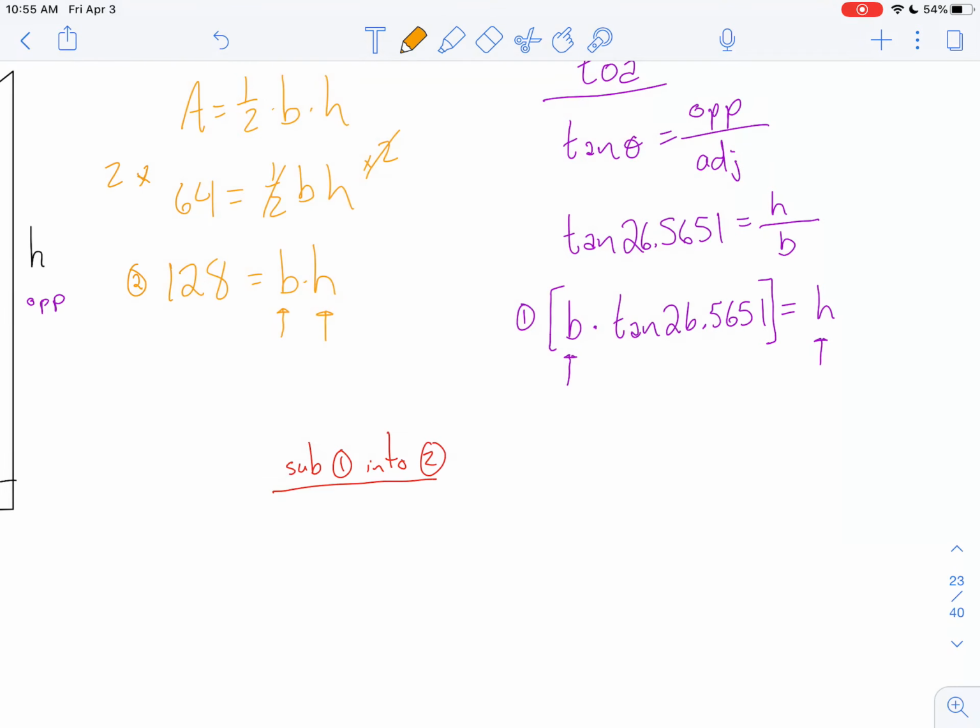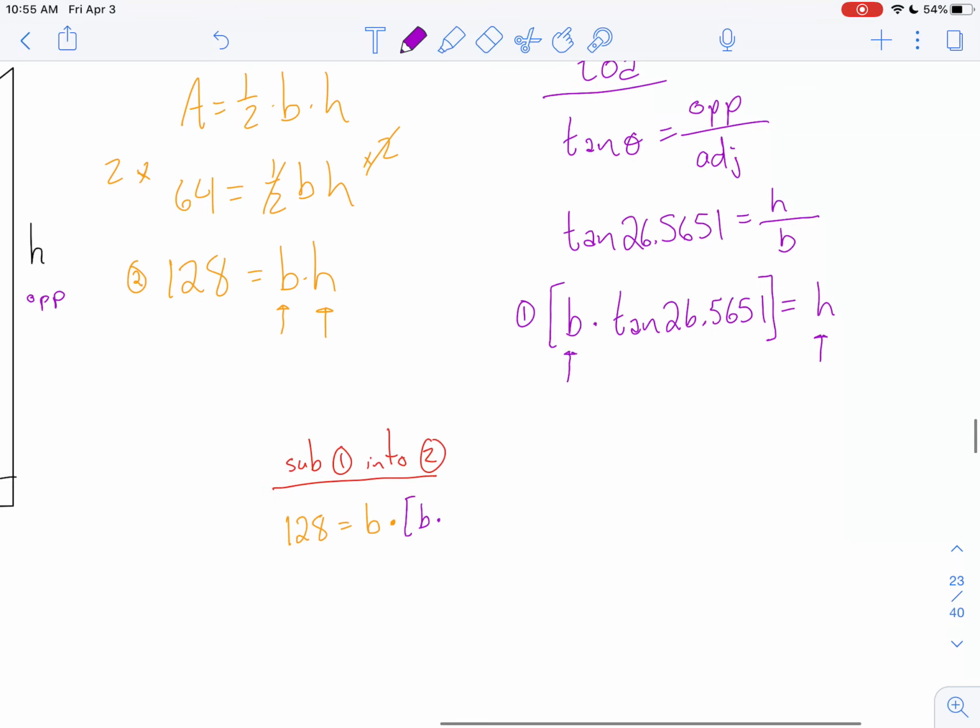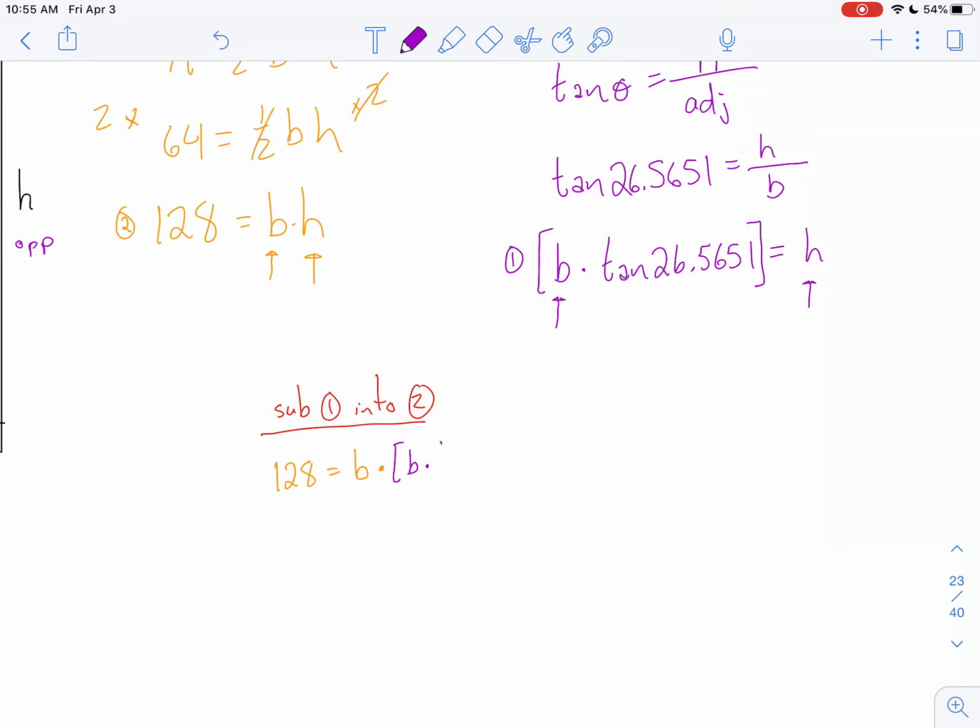So I'm going to start in orange. 128 is equal to b times, and now I'm not going to multiply by h because I know that h is actually equal to b times tan of 26.5651.